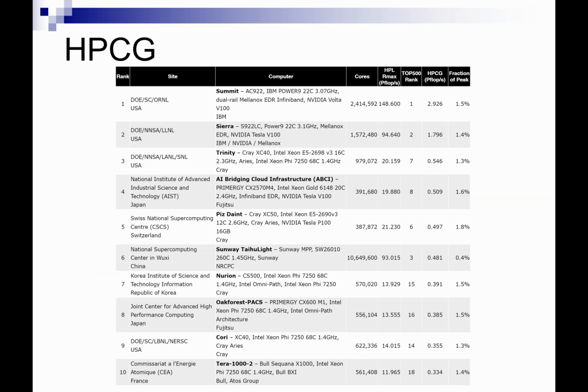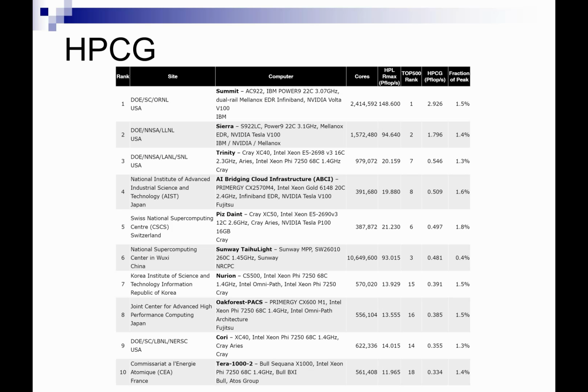Okay, so first let's look at the HPCG benchmark. These are results from November 2019. Here we see that the Summit and the Sierra computers are still the fastest computers for high performance conjugate gradient.